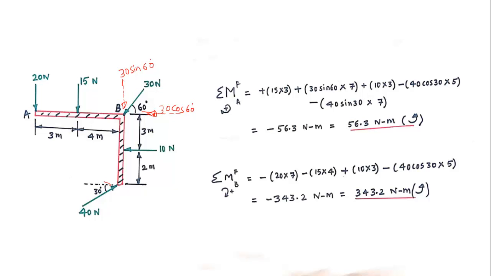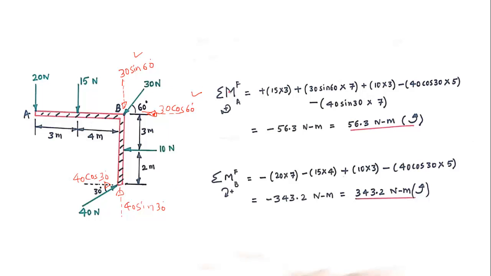Similarly here also we have to split this force into two components, 40 cos 30 and another vertical component, that is 40 sin 30. Now instead of the 30 Newton which was given in the original numerical, we will be using these two. Similarly here, instead of 40 we will be using these two. Then we will see how much moment they create with respect to point A.